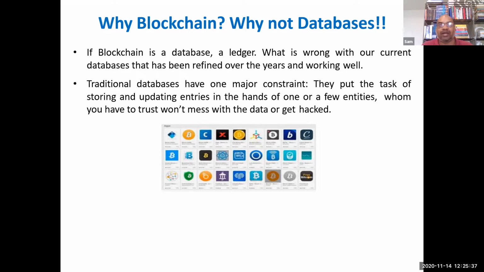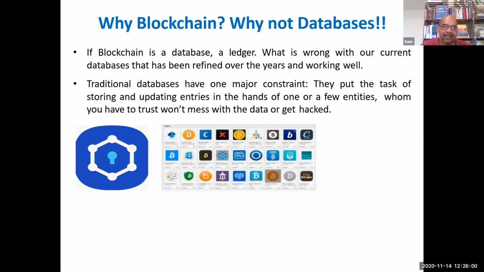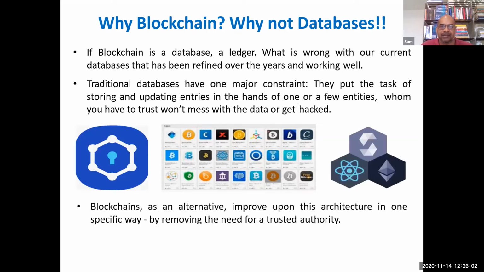That is, someone else is in charge of your data, the institution or the organization, and they can change the records there. There have been a number of cases where transactions have been changed, and these databases can get hacked. That is another story.